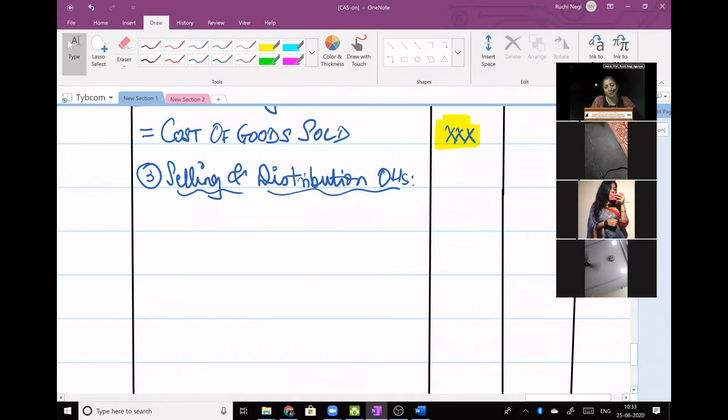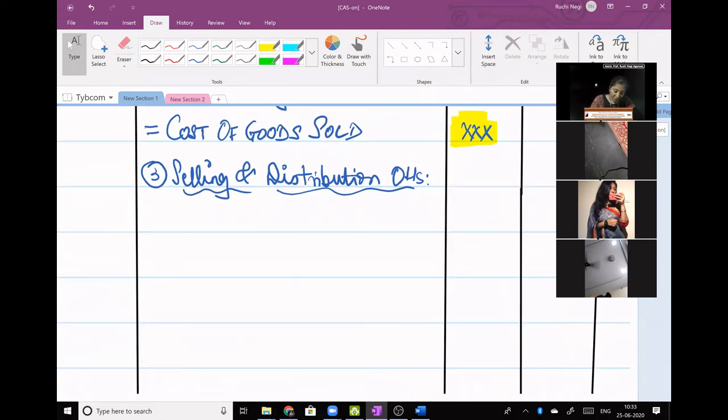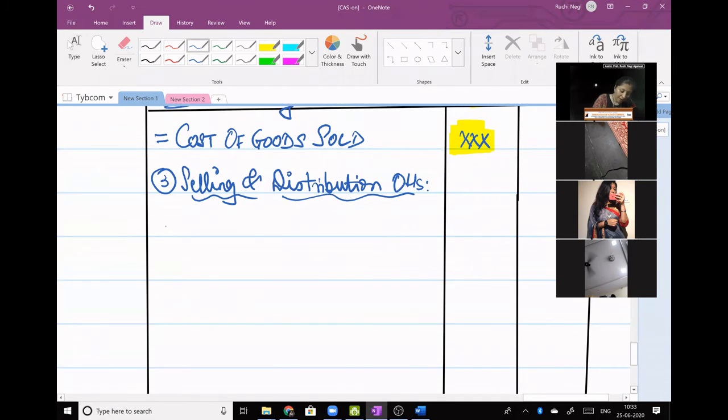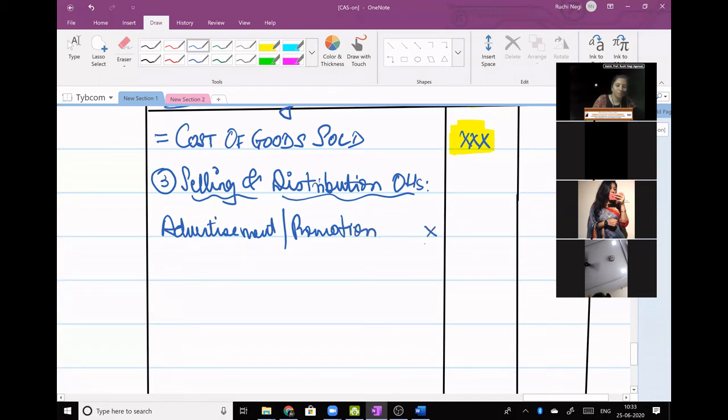Again, P&L account debit side, but strictly with respect to selling. So with this, you will have advertisements or promotions, exhibition expenses, promotion expenses, goods given away as free samples. These are all examples of advertisement.